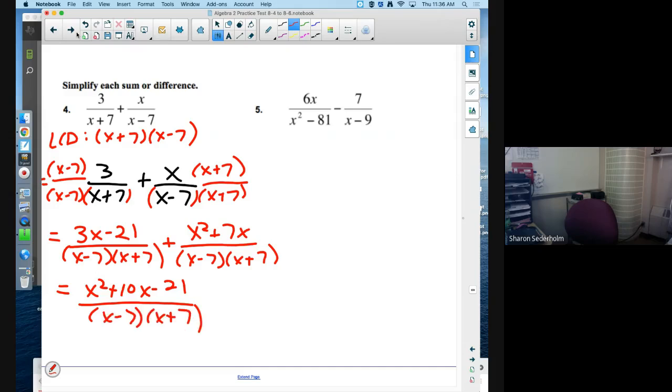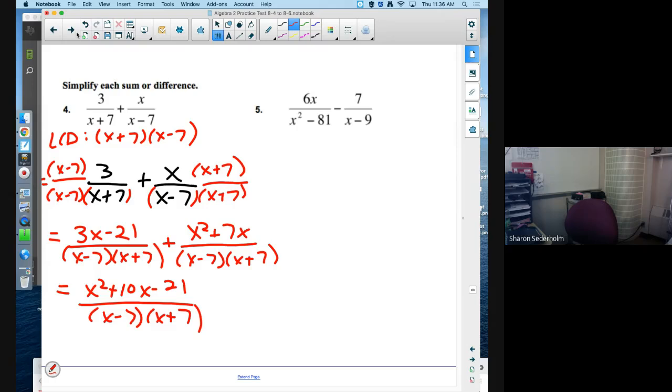Now notice, with adding and subtracting, no canceling until now, at the very end. At the very end, if we can factor and cancel, we do. It happens every year. Somebody gets to this point and they start working backwards. And then I can't give them the points for this problem.